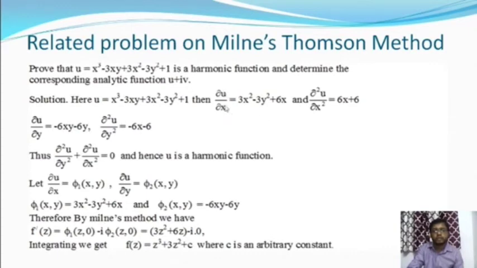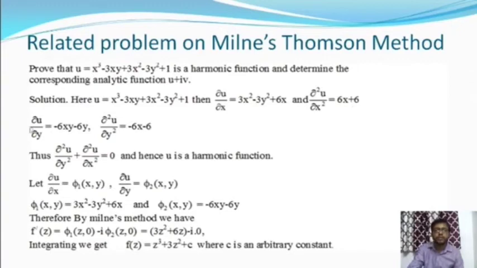The first order differentiation with respect to x will be 3x squared minus 3y squared plus 6x, where y is constant, so 3y squared plus 1 is 0 with respect to x. And del 2u del x squared is equal to, the derivative of 3x squared is 6x, and the derivative of 6x is 6. So the second order differentiation with respect to x is equal to 6x plus 6.